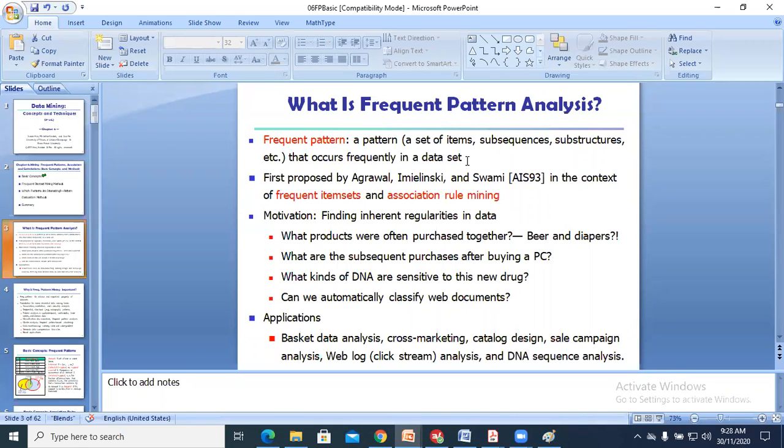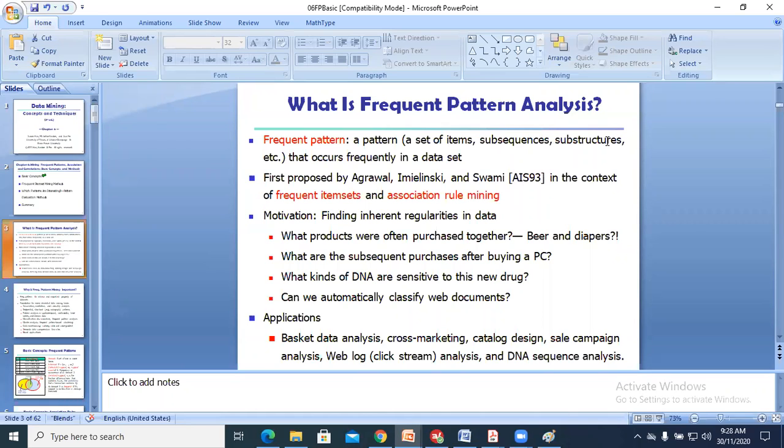So, for example, if you find a database of a store, you will find the purchase of some items is more frequent than others, so it is in fact a frequent item set. And there would be some sequences. For example, if you buy a product, what is the possibility that you will buy the next product with some support and confidence?